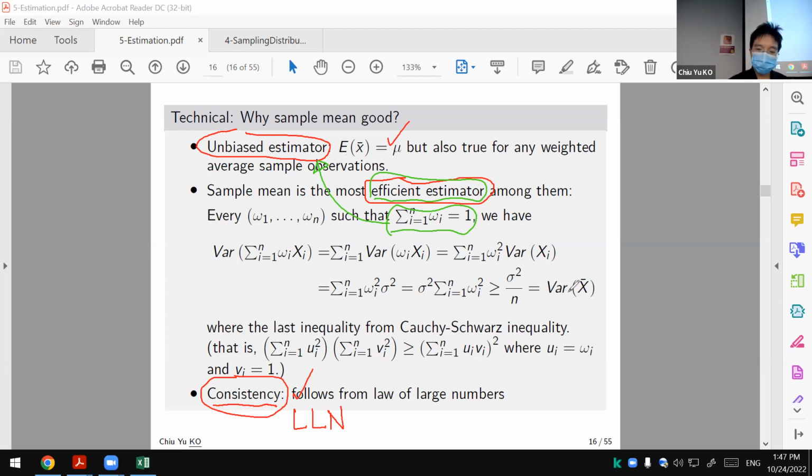In that case, we can show by using the Cauchy-Schwarz inequality, or there are many other ways to prove it, that the variance is actually smaller for the sample mean. So that's why we use the sample mean.